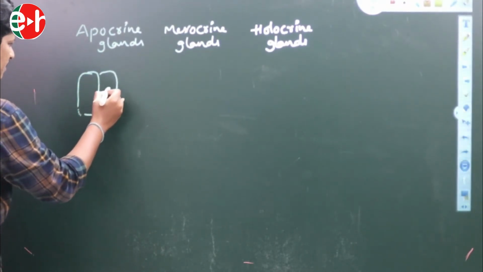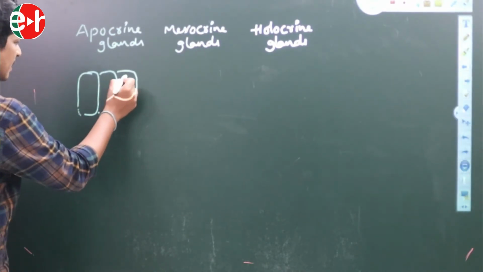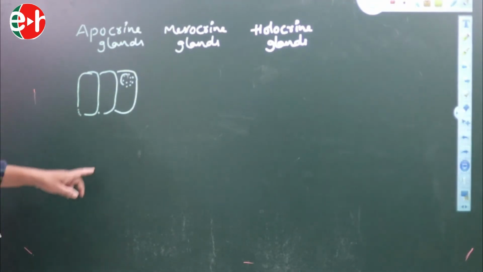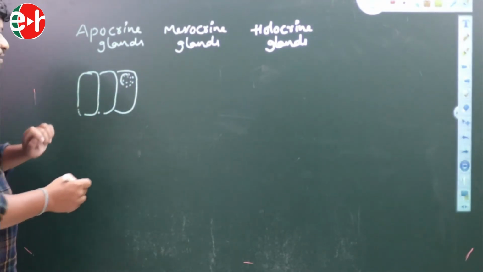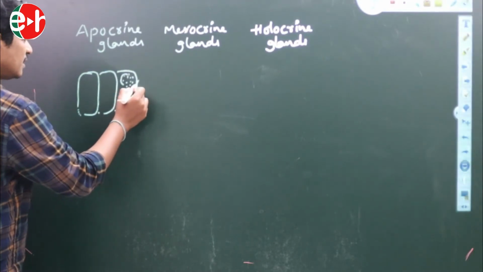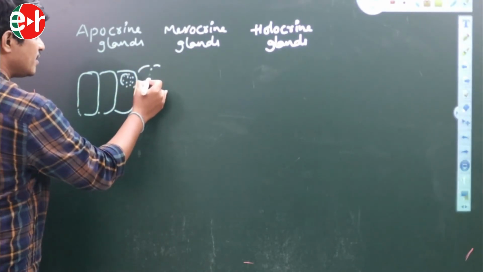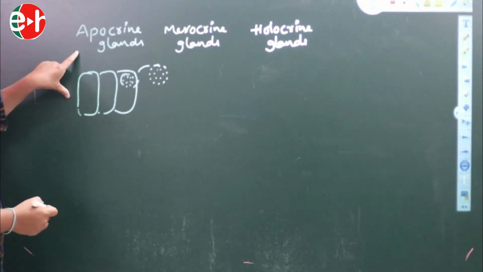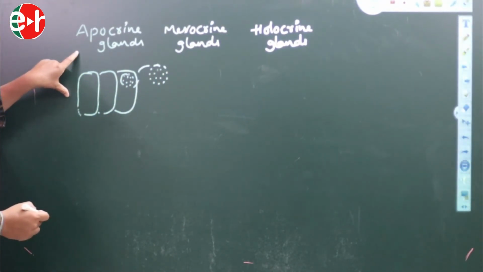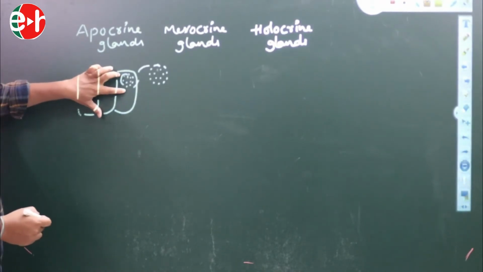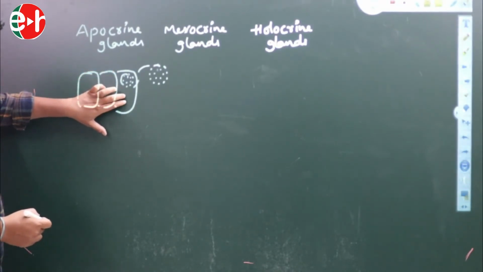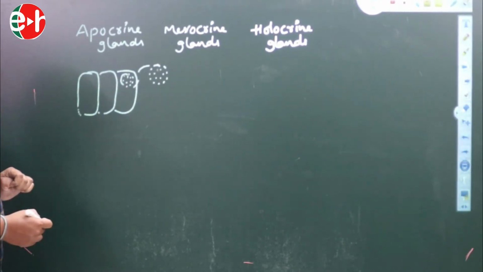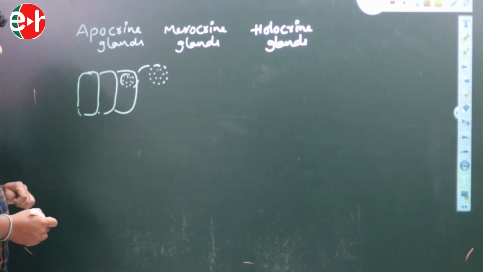In these glands, the secretory granules or the chemical substances are present here. Without loss of these cells, this part releases the secretory granules. Without loss of these cells, these glands are called apocrine glands. The secretory granules release from the cells without loss. These glands are called apocrine glands.